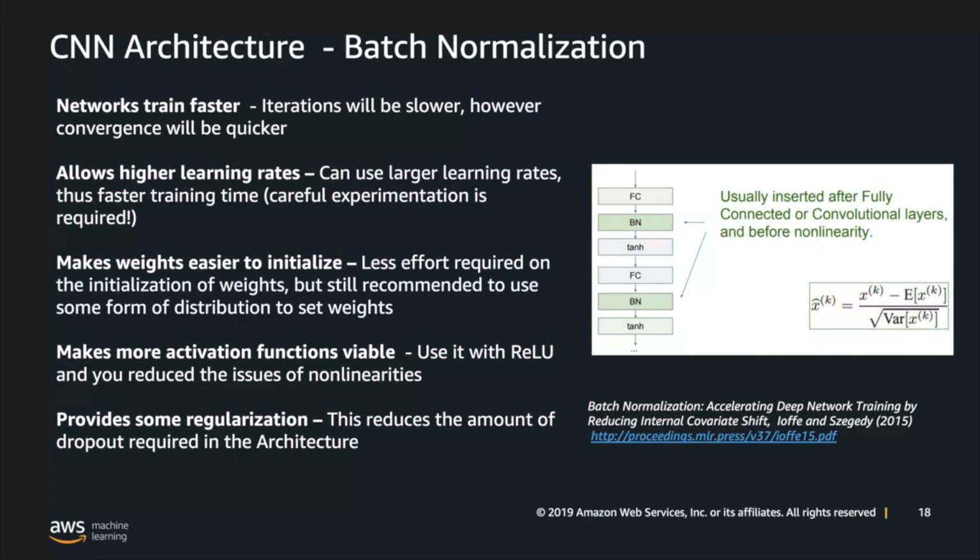That way it standardizes the output of a node and reduces the chances of that layer causing overfitting. It's a little bit more complicated than that, but it makes it a lot easier to initialize weights within the network when you first start off, that cold start problem of having the first initialization of weights.